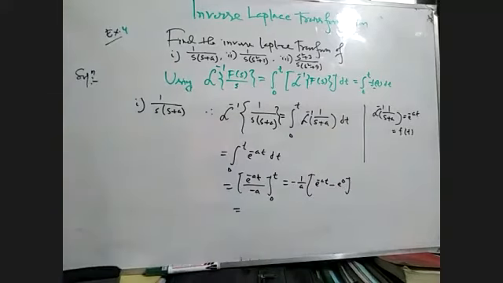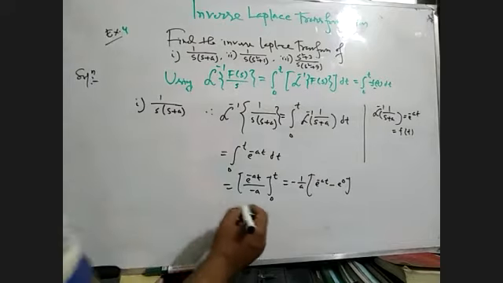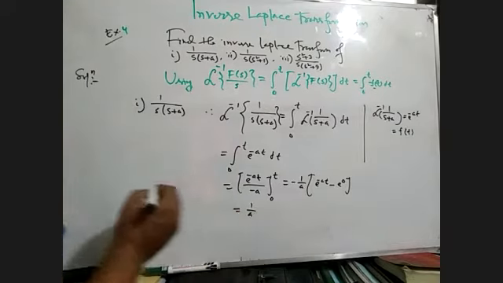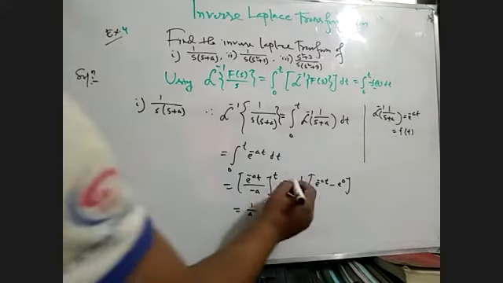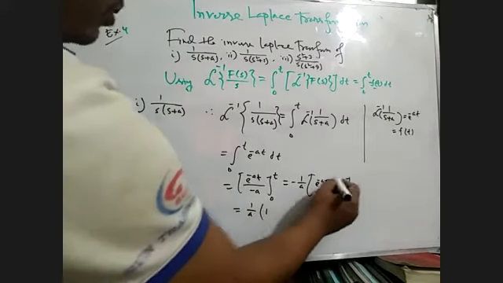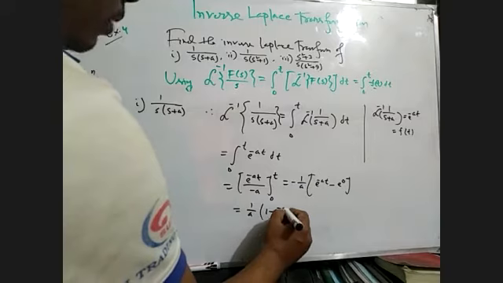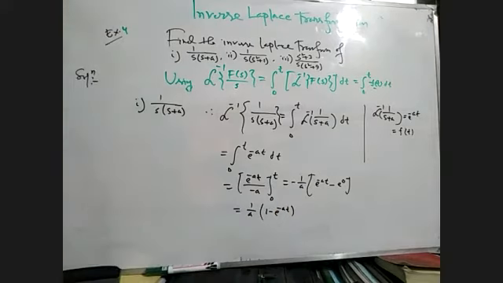So we get 1 by a into 1 minus e to the power minus at. This is the simple result, the inverse Laplace transformation of this one.